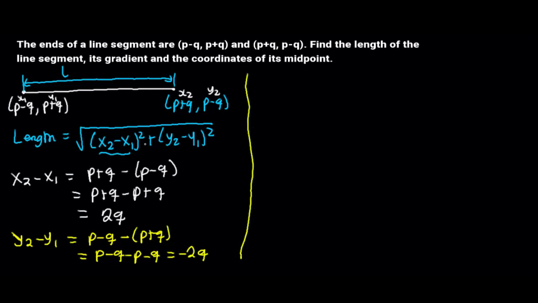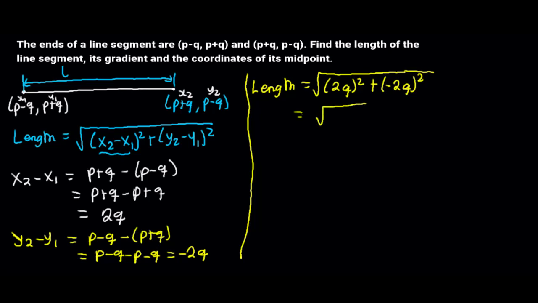Now I'm going to make a substitution. So the length of the line segment is given by the square root of 2Q squared plus negative 2Q all squared.